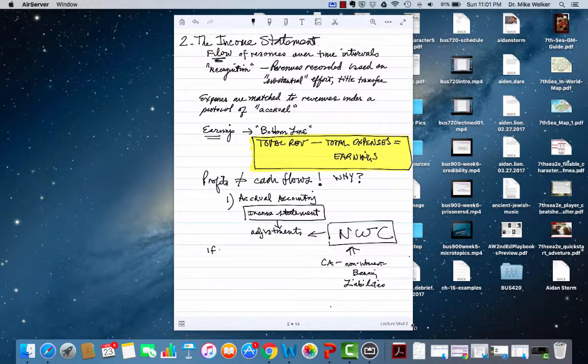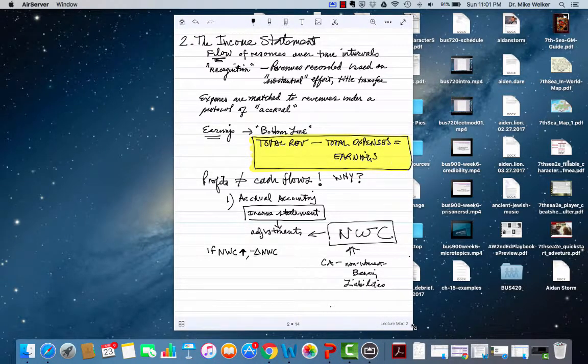If net working capital goes up in the accounting period, then you have to deduct that increase, that change, from the accounting profits. So say delta, you go minus delta net working capital.